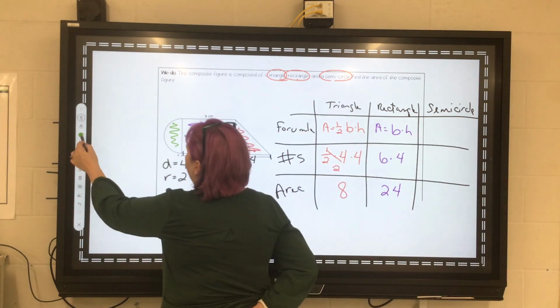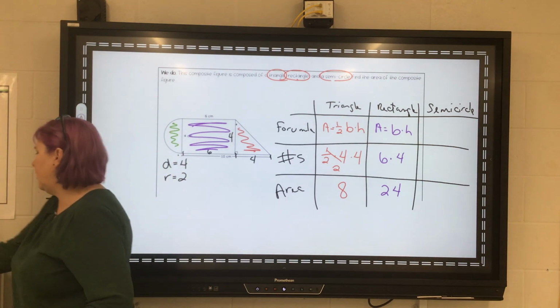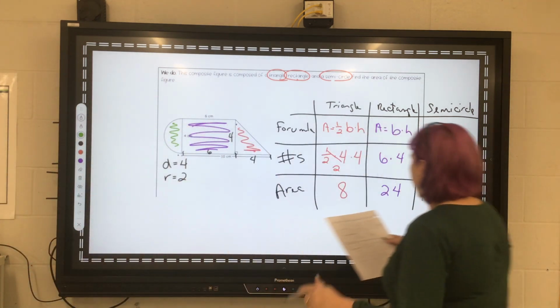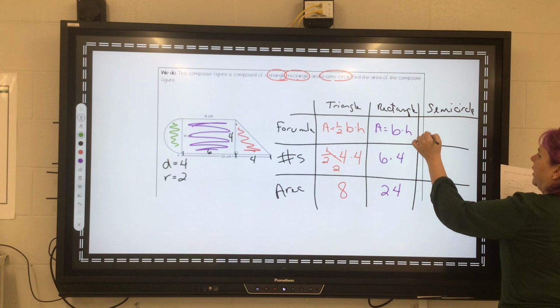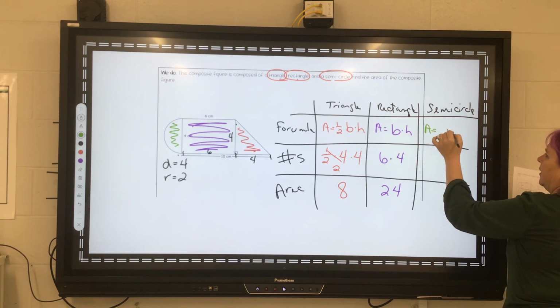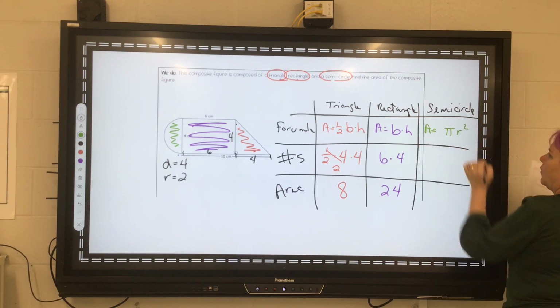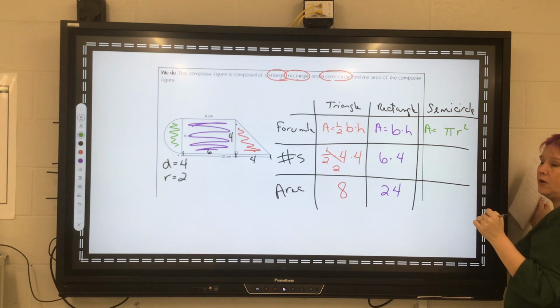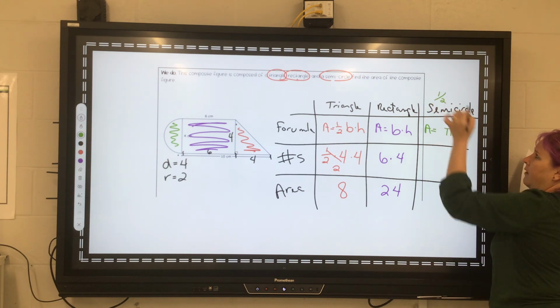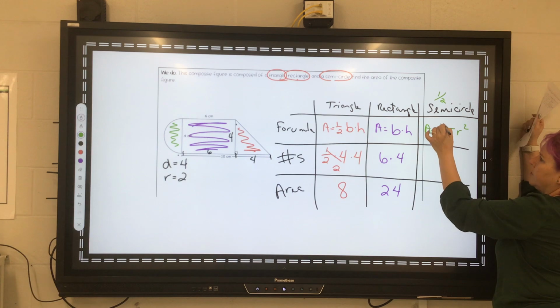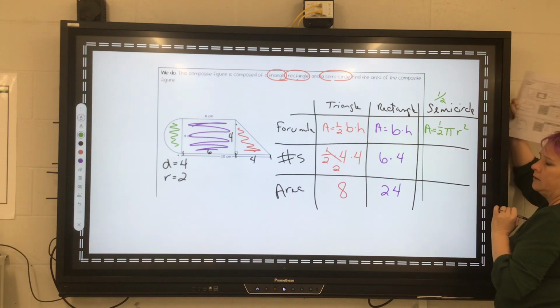Now my semicircle. Area of a circle is pi r squared. To do a semicircle, that means it's half of the circle. So I'm just going to put half here.